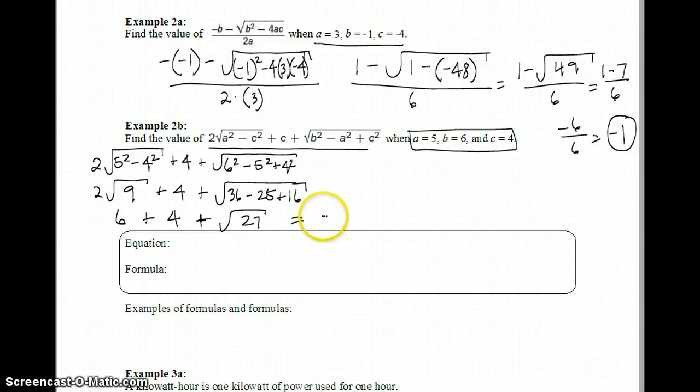We can simplify that more. 6 plus 4 is 10, plus 3 times the square root of 3, which is the same as the square root of 27.